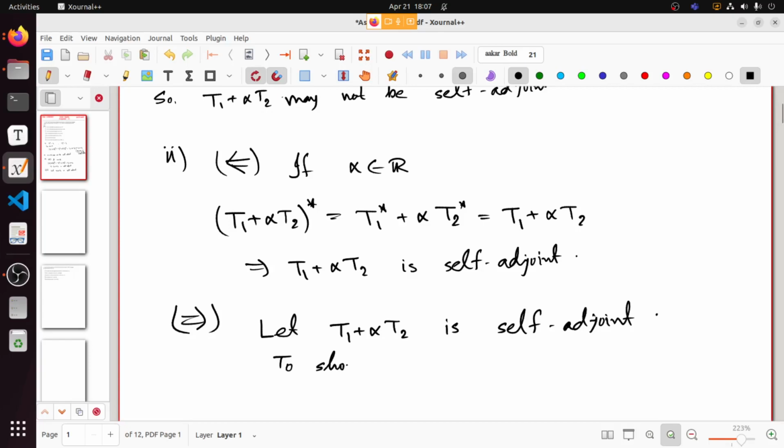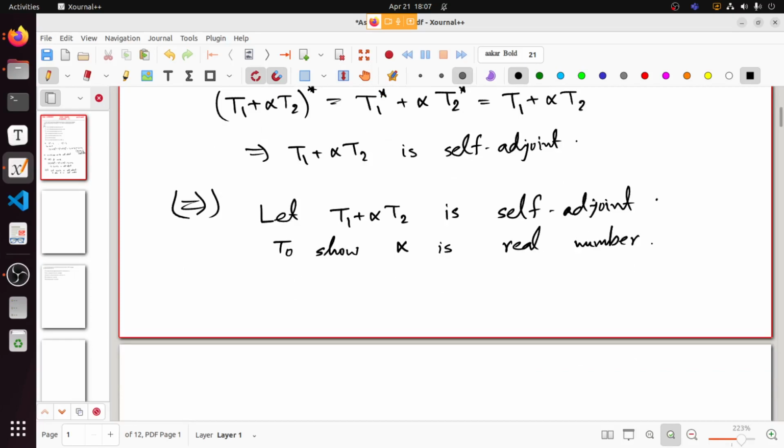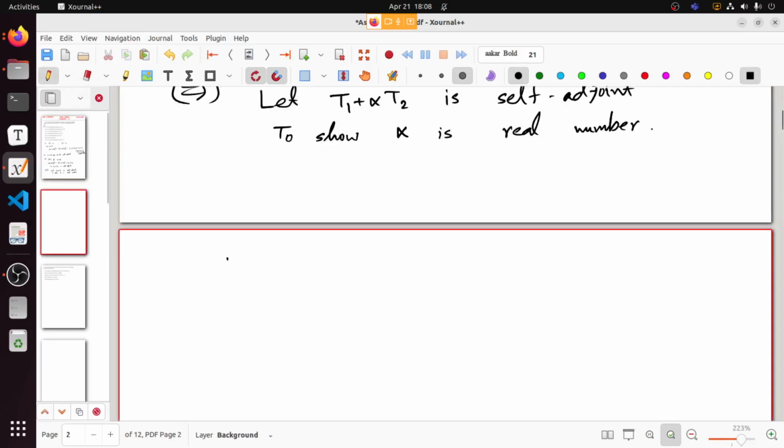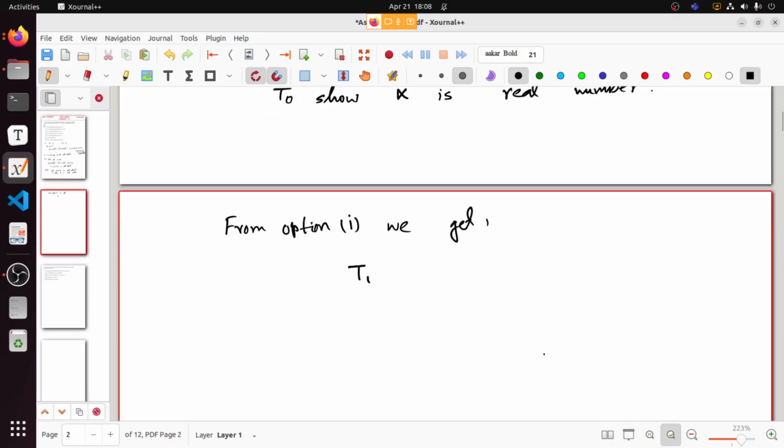As we have seen earlier from option 1, T1 plus alpha T2 whole star is T1 plus alpha bar T2.